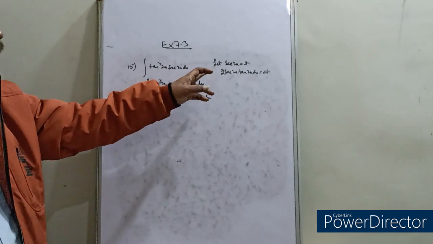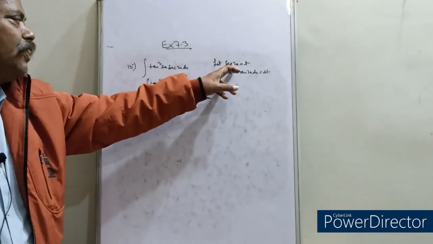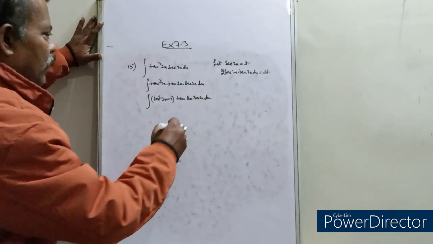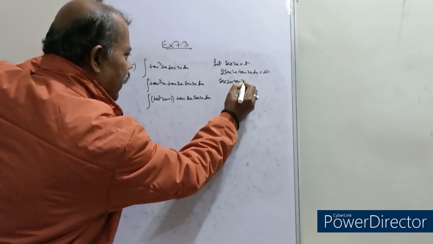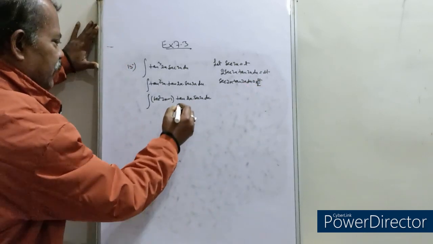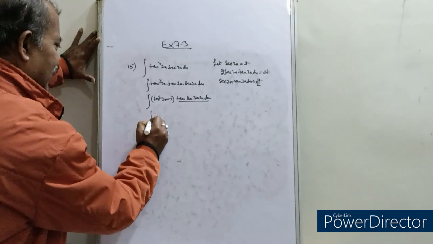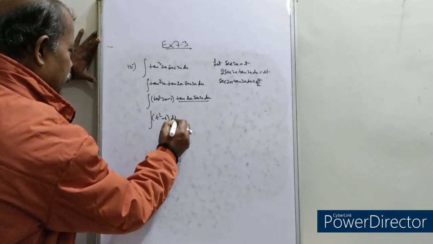When you apply differentiation, the derivative of sec x is sec x tan x, and when you differentiate 2x, you get the constant 2. So sec 2x tan 2x dx is equal to dt by 2. So this comes out to be dt by 2, and you can write t square minus 1, that is dt by 2.